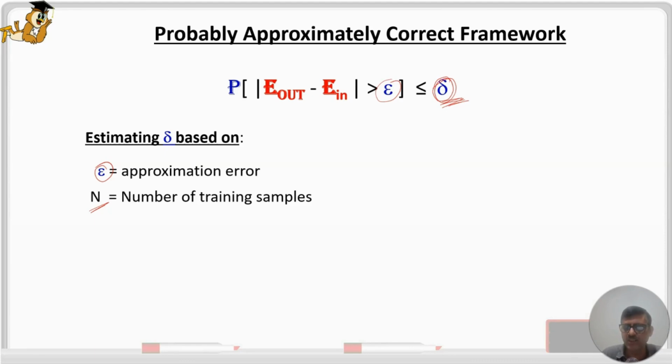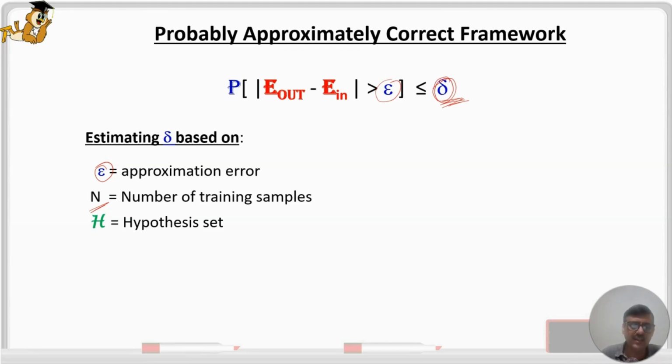Because more training samples means you have a better handle on your target function. So it makes sense that delta would depend on n. And finally, delta would also depend upon the hypothesis set, right? The sort of hypotheses that you have in your hypothesis set would determine the behavior of delta, or that would be an attribute that would contribute to delta.